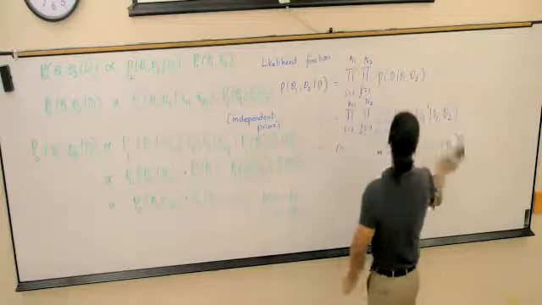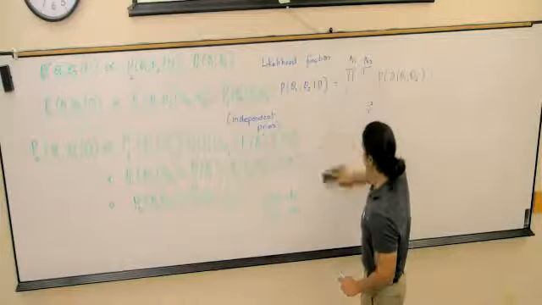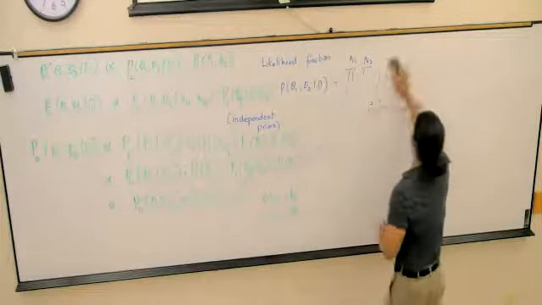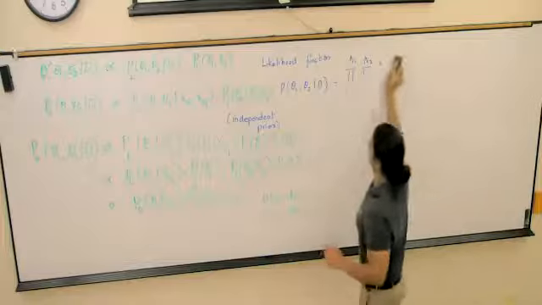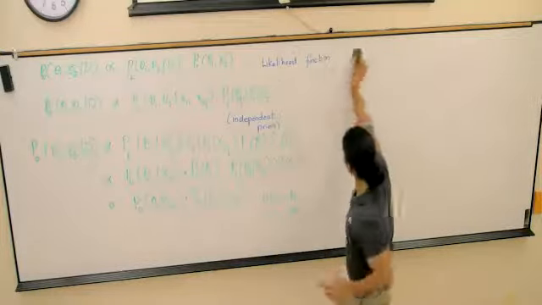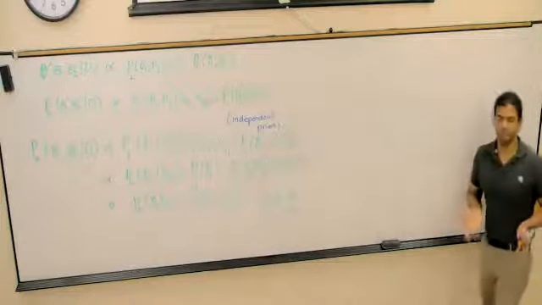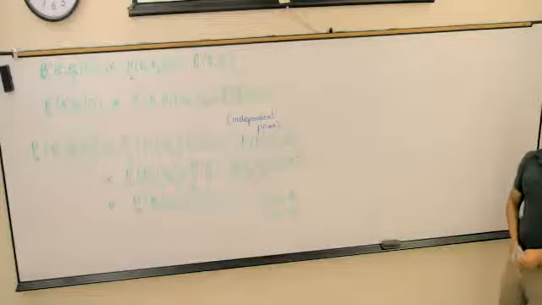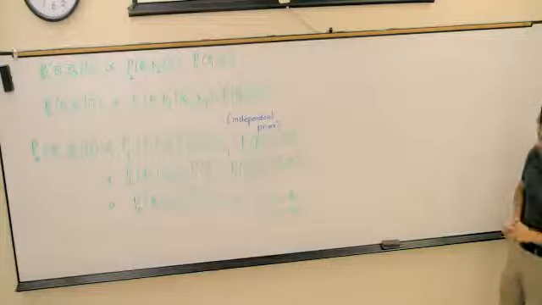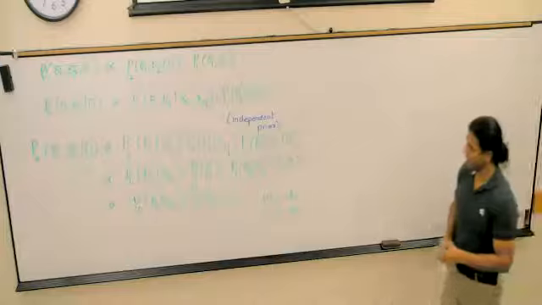So the thing that we learned here is that if we have independent priors, we are going to end up having independent posteriors, provided the likelihood can also be written in an independent way. Good so far.